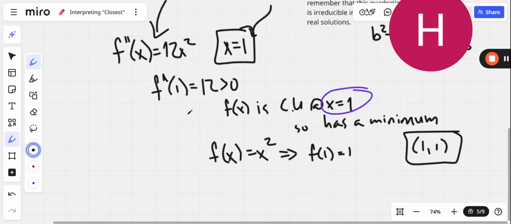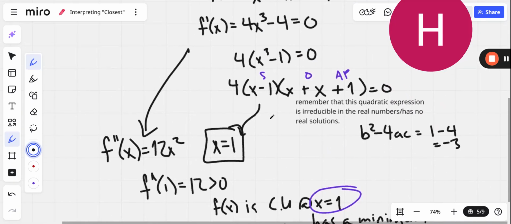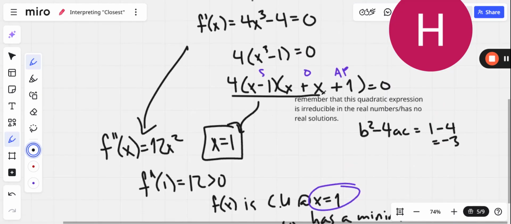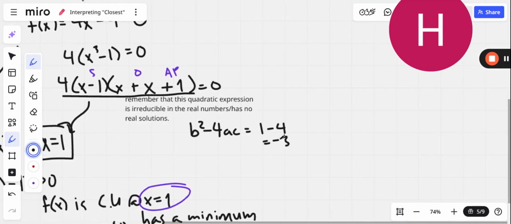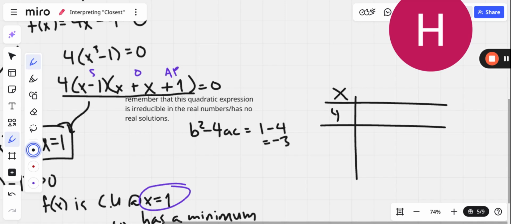And then we use the second derivative test here. Of course, if you want to use the chart with f prime, you can. See what that chart would look like. We'd have 4, which is always positive. You don't even really need to list positive constants. We have x minus 1, which is obviously 0 when x equals 1. And then we have x squared plus x plus 1. Sorry, I forgot to put x squared.